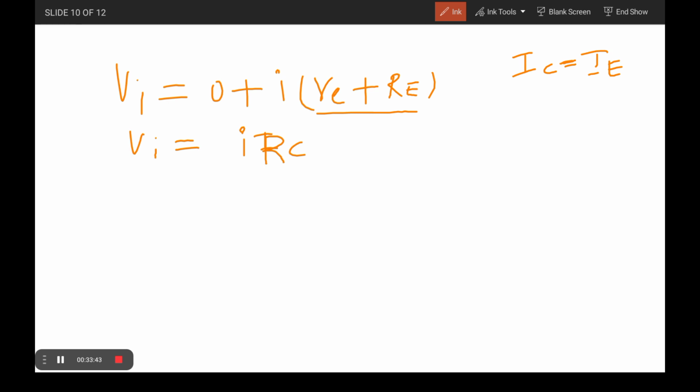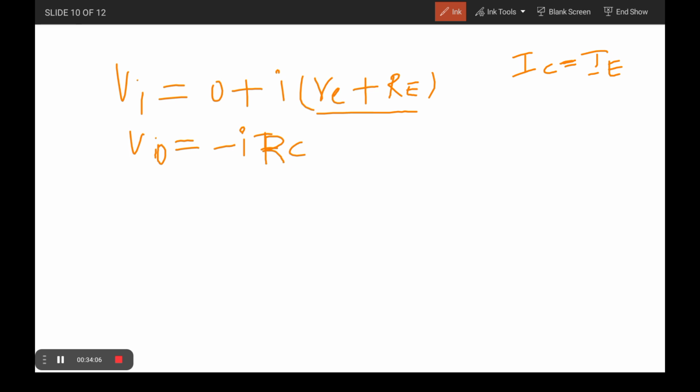Now V naught by Vin. Now you have to find the output value. This is the input section, right? So on the output side, the output voltage V naught is equal to the current passing through the corresponding circuit into RC. Here the negative sign always represents the opposite direction.